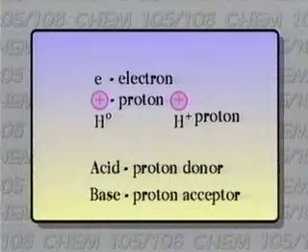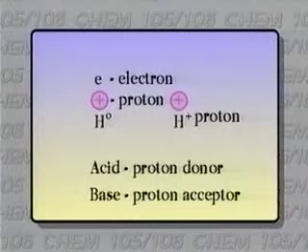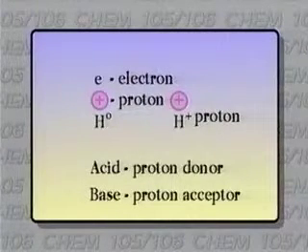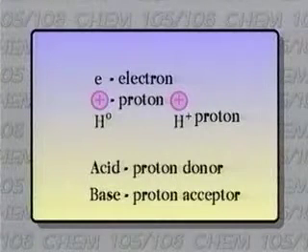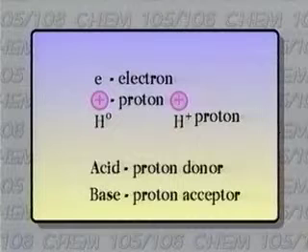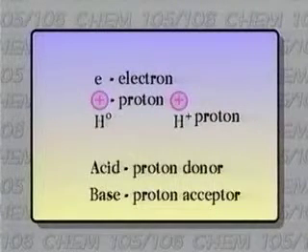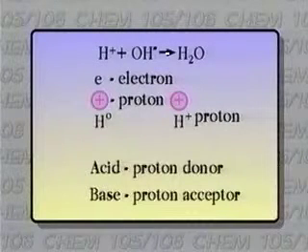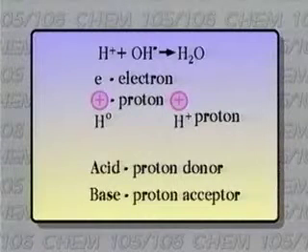Now, did this mean that the hydroxide that Arrhenius had proposed is no longer a base? No, because that OH minus, a negative charged species, certainly should be able to attract a proton, an H plus species. As a matter of fact, if we do that, we would see H plus being attracted to the OH minus, and what we would get would be H2O.